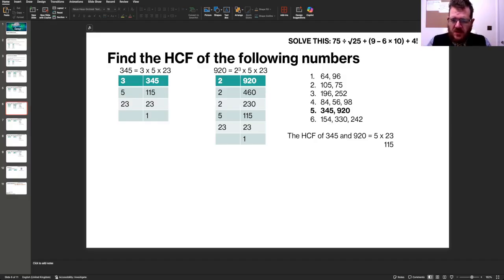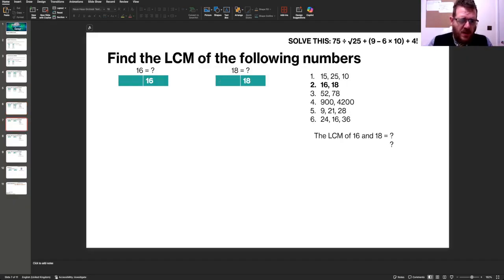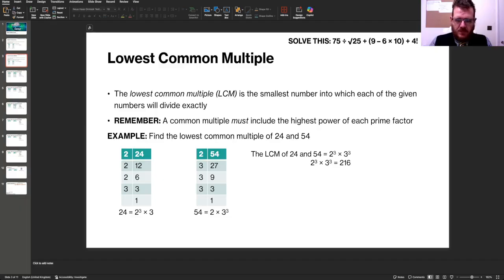Now after that we will go into the lowest common multiple of some numbers. It's important to remember, as I mentioned earlier, that a common multiple must include the highest power of each prime factor, which is why I put in the example.